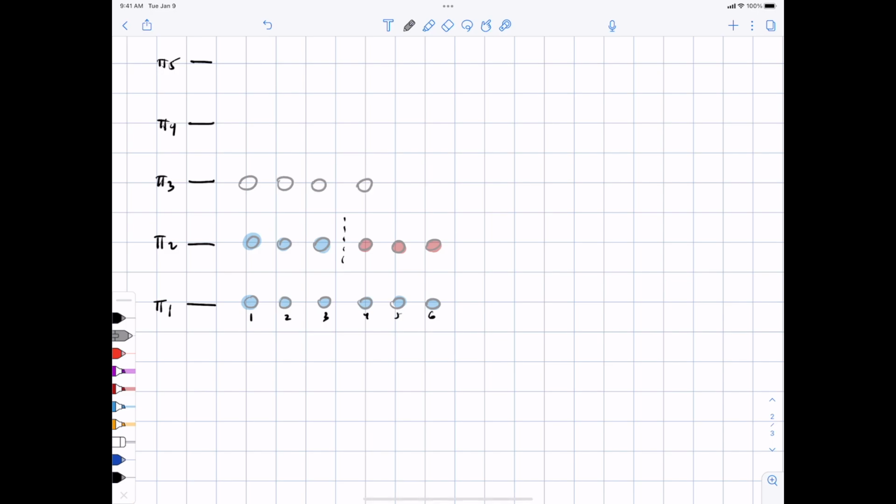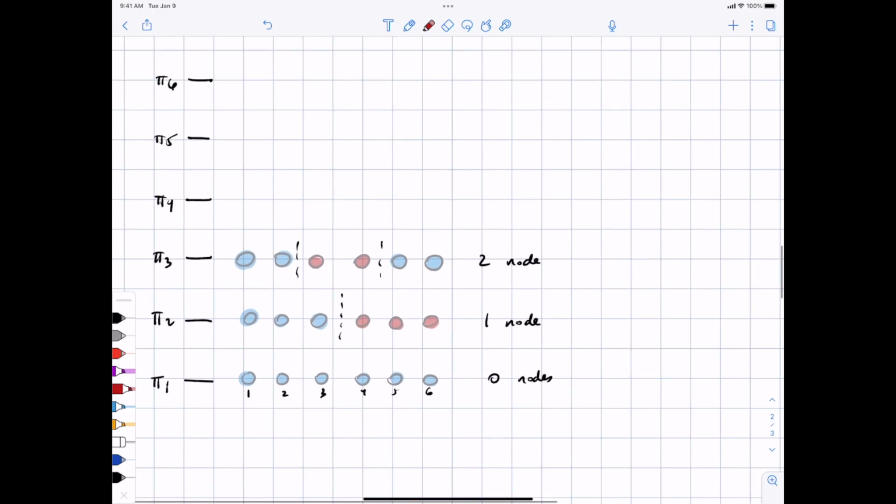You basically, in generating these, have to just find ways to put one node or 2 nodes or more in a symmetric sort of fashion. So the 2 node situation would look like this. There would be a switch in wave function sign between carbons 2 and 3, and again between 4 and 5.